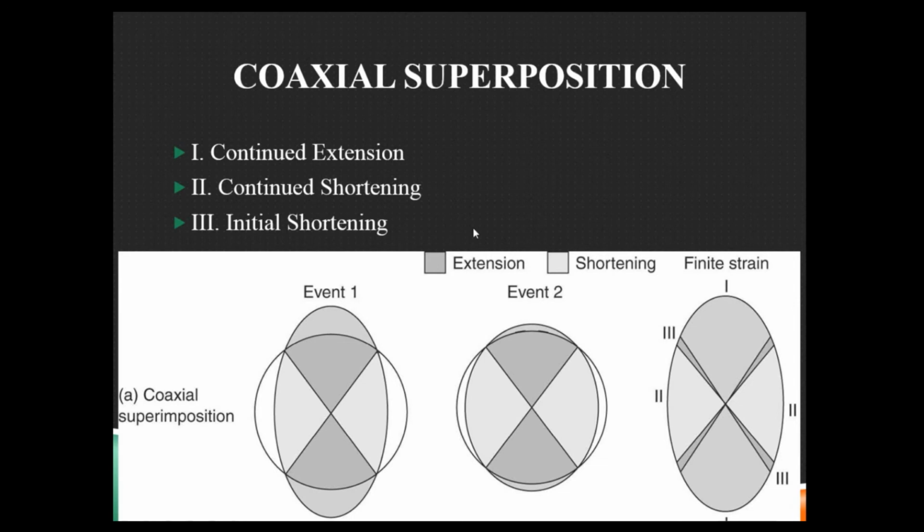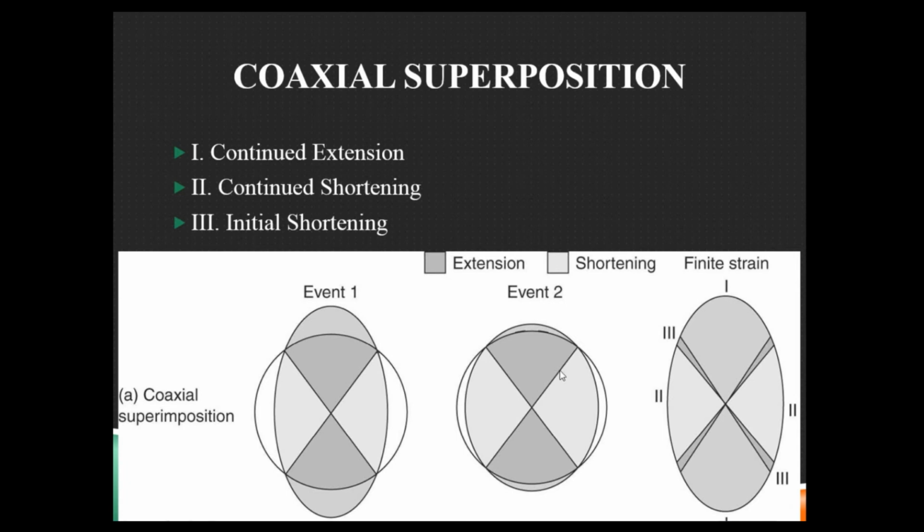Oh, the text is cut off a little bit here. This should say initial shortening followed by extension. So in the first event, they were part of this light blue area, like right there and right there. So during the first event, they were part of these shortened regions.